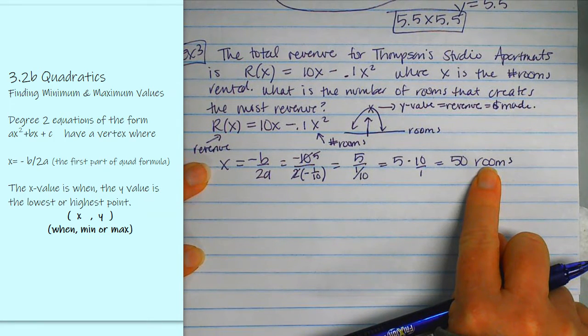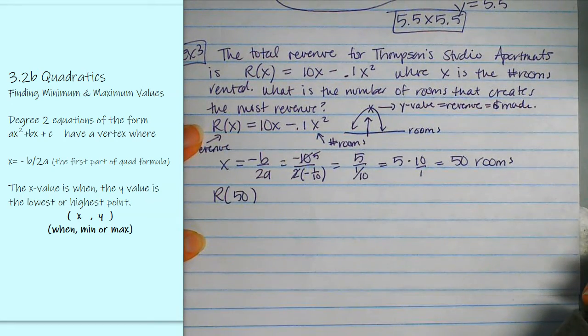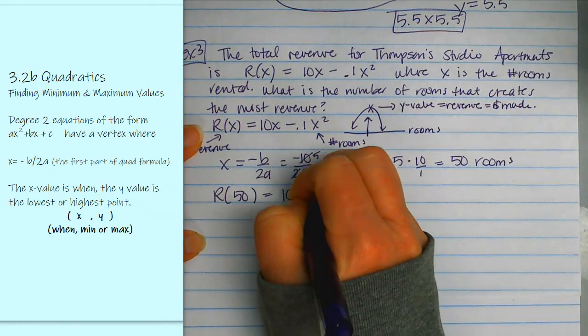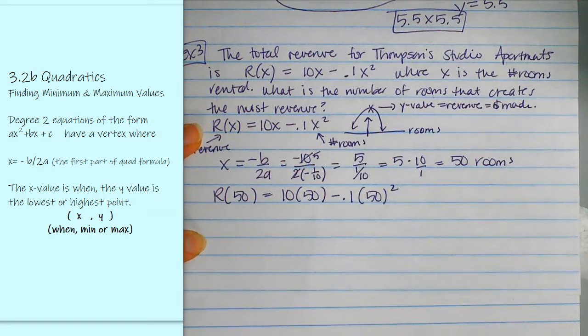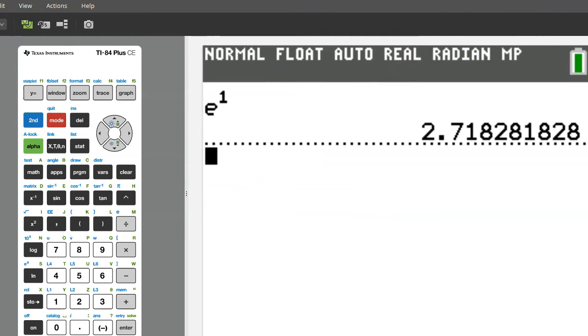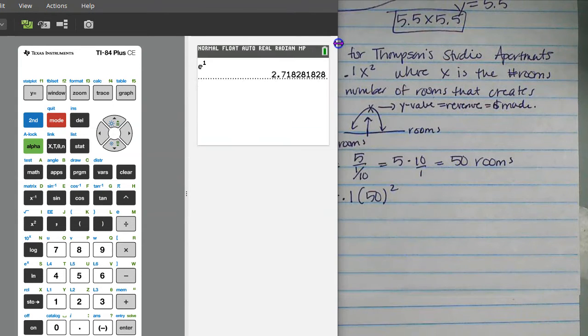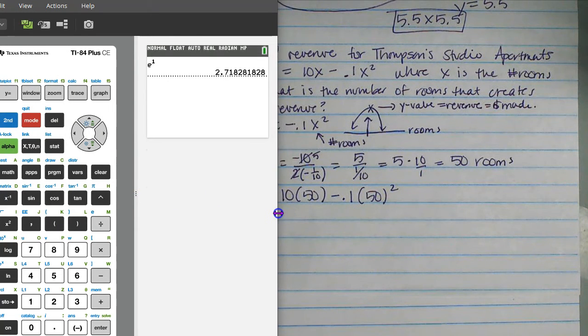And at 50 rooms, how much money do we make? We put that back into the equation and we say the revenue at 50 rooms, R of 50, equals 10 times 50 minus 0.1 times 50 squared. I don't mind at all if you take out your calculator at this point and figure out the math part. So I'm going to plug in my numbers right here.